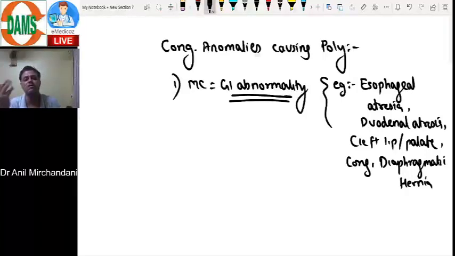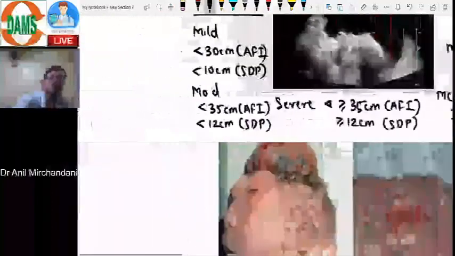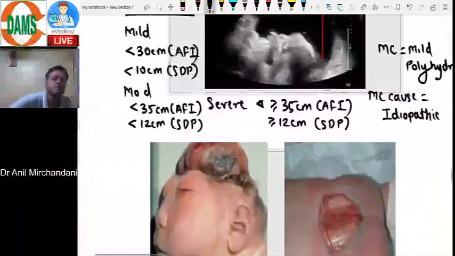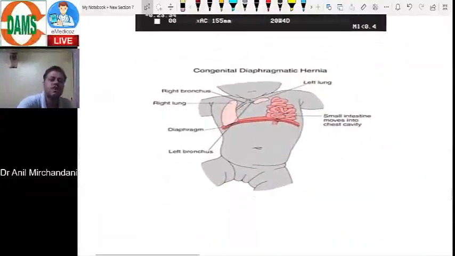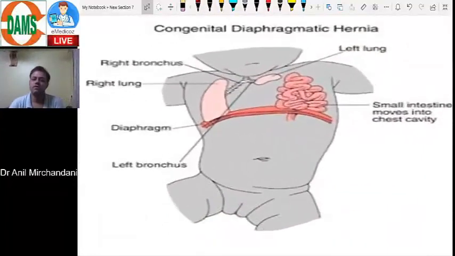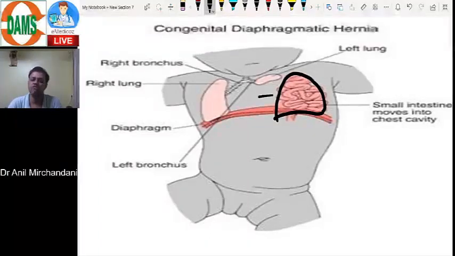Even with cleft palate, the drainage is hampered. So fluid will get accumulated in the amniotic sac. Congenital diaphragmatic hernia. Let me show you one picture of diaphragmatic hernia. In congenital diaphragmatic hernia, there will be abdominal content going into the thorax. So intestines are there, stomach would be there, so there is shifting of the heart to the other side, and lungs on the other side.